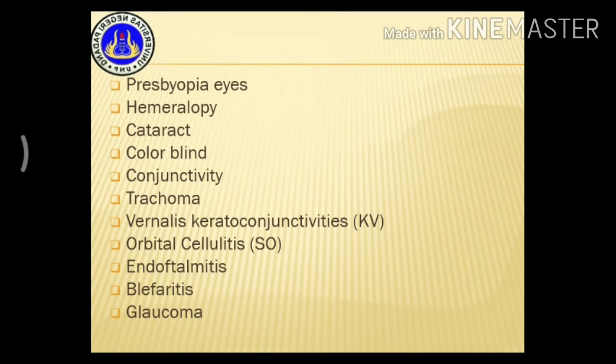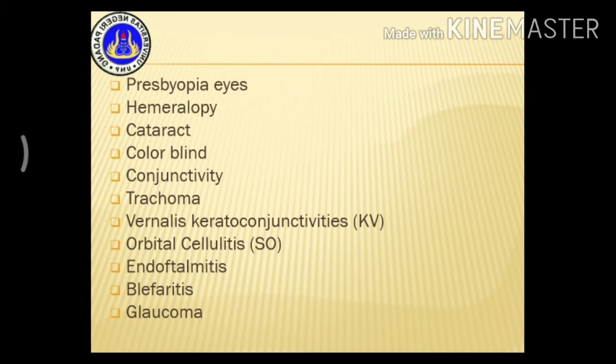Next, hemeralopia. Hemeralopia is an eye disorder caused by a lack of vitamin A. Giving sufficient vitamin A is very necessary. Next, cataract. Cataract is an eye defect caused by calcification of the lens of the eye.